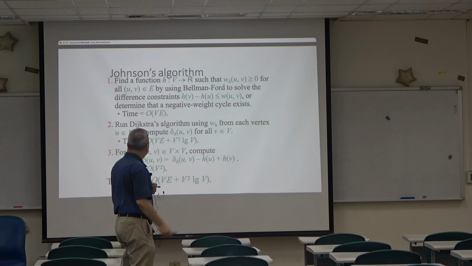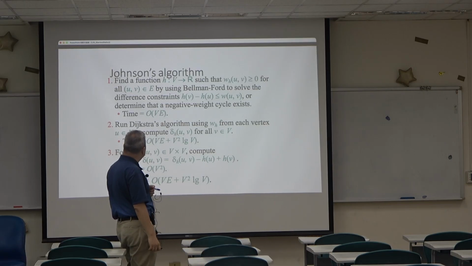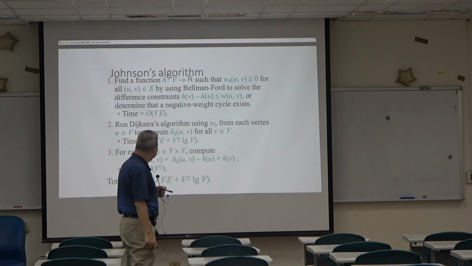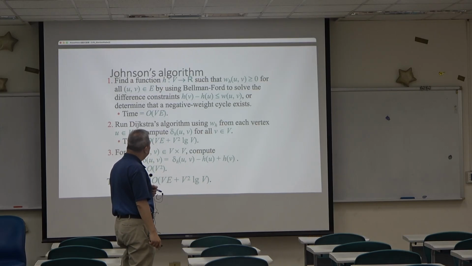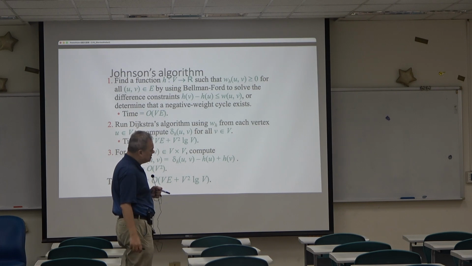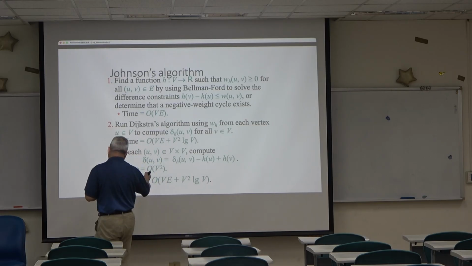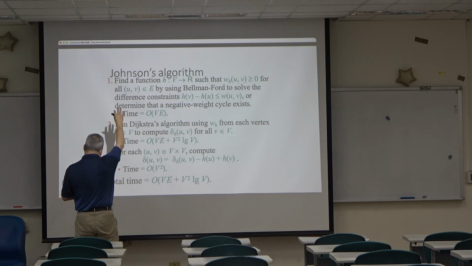The first one, solve the system of difference constraints using Bellman-Ford, and the complexity is VE. The second one, run Dijkstra's algorithm V number of times. The complexity is VE plus V squared log V. The third one, compute the shortest paths for every pair, which will be V squared.